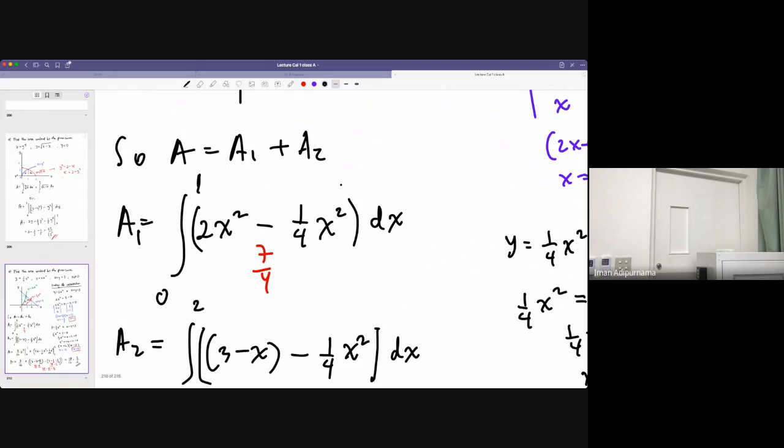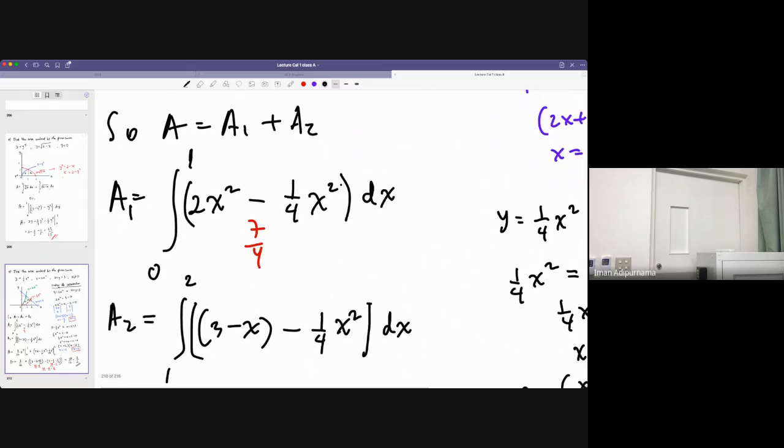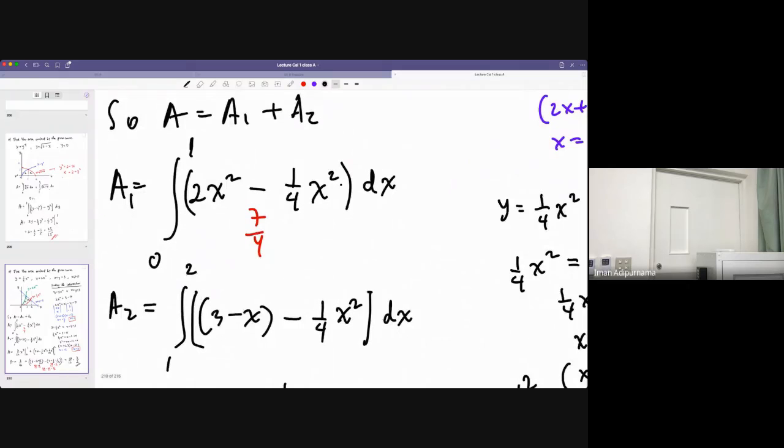So A1 will be 2x squared minus 1 over 4 from 0 to 1. And A2 is 3 minus x, the line, minus 1 over 4x squared from 1 to 2. And I believe these 2 integrations are not too difficult to solve. Right?